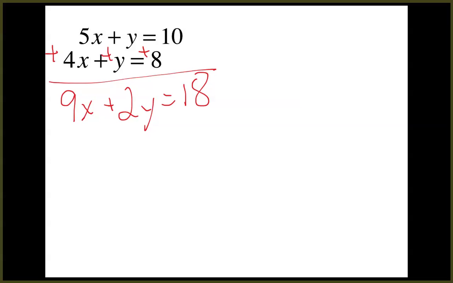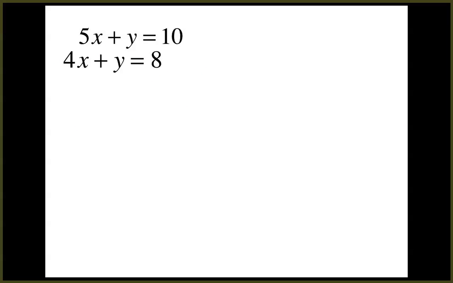Wait a second, I thought this was called the elimination method. Something was supposed to get eliminated, but we didn't eliminate the y's or the x's. There's still a y there and there's still an x there. So you know what we're going to do? Instead of adding and adding and adding, we're going to subtract. So watch what happens when you subtract each time. So we're going to take this whole equation and we're going to subtract.